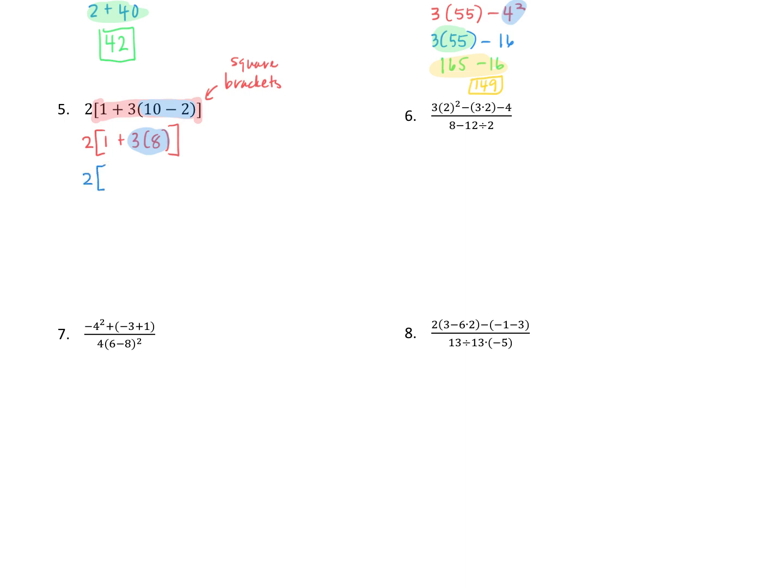So we'll have 2 times 1 plus 3 times 8 is 24. We're still working within the parentheses. So I'm going to do 1 plus 24. So it's going to be 2 times 25. And now, again, it is multiplication here. The square brackets act like parentheses. So I've got multiplication. 2 times 25 would be 50.